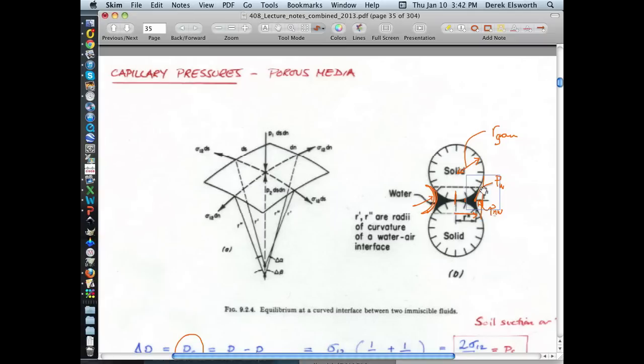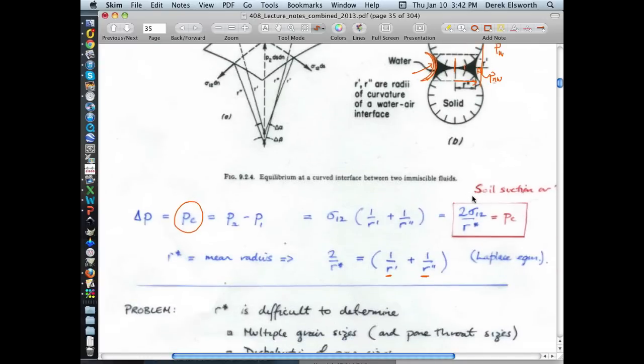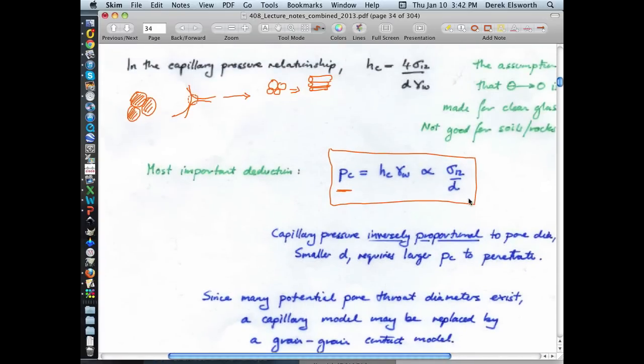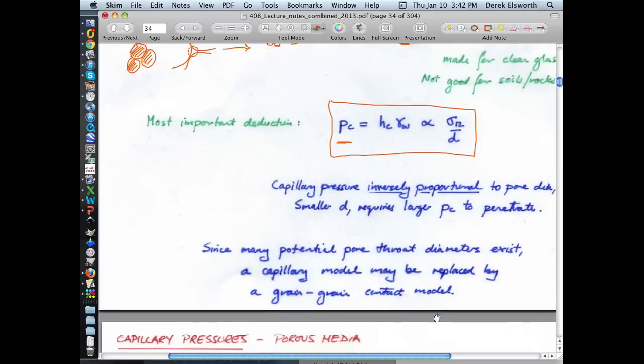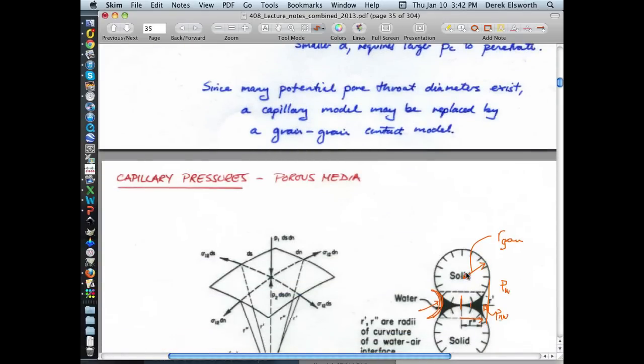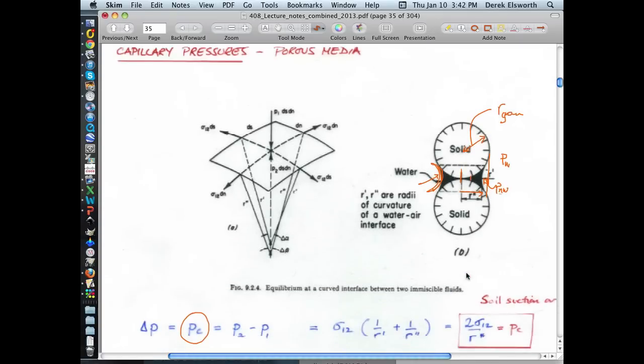So anyway, the radius of curvature will change with the saturation. But usually, if we want to use these expressions, we often take this just as being the diameter of the pore. It really is the diameter of the capillary, or it is the diameter of the bead, but they're typically similar to each other. So we can use that as a ballpark calculation.